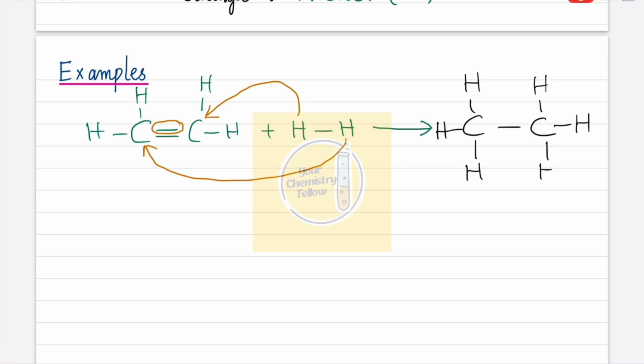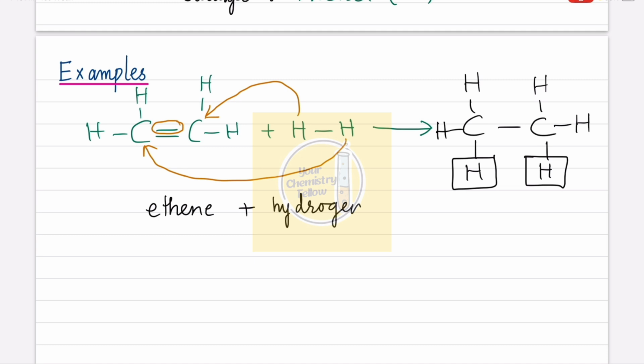CH3 and CH3. These are the two new hydrogen atoms that are added up. What happens is this ethene molecule in this reaction, when hydrogen is added, is converted to ethane. And what are the reaction conditions? This reaction is taking place at 200 degrees Celsius in the presence of nickel as a catalyst.